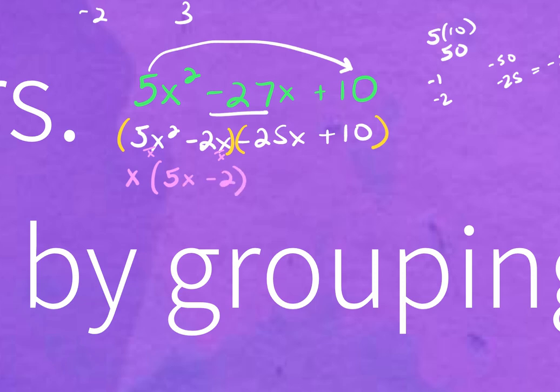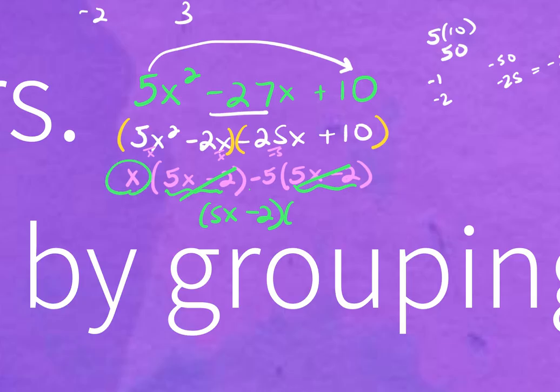From the second set of parentheses, I can take out, now notice I want to change my sign, so I need to take out a negative something, and they're both divisible by 5. So I'm going to take out a -5, and I get 5x minus 2. What's inside the parentheses matches, which means we did it correctly, and I take that out. 5x minus 2 is now gone, and what's left is x minus 5.